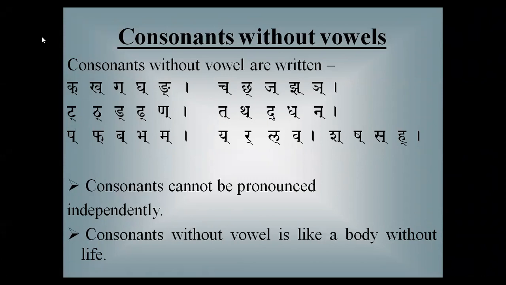And therefore, for the sake of pronunciation, we have added the vowel component to all the consonants. Therefore, ka, kha, ga, gha, nga, cha, we can pronounce it. So only for the sake of pronunciation, the vowel a is added to all the consonants.